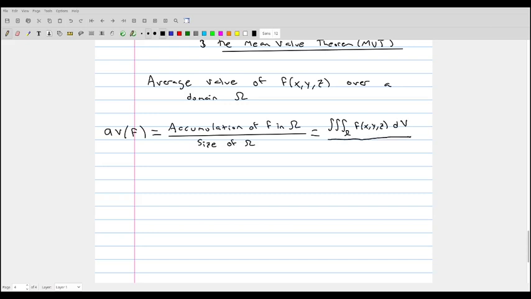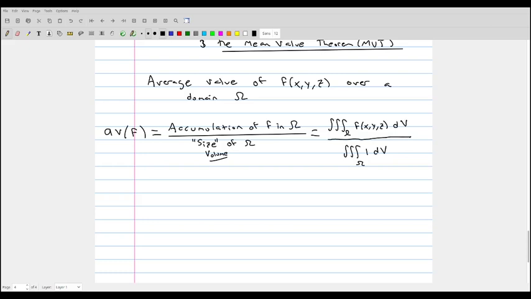And this triple integral has to be divided by the size of the region omega, which ends up being, I'll put size in quotation marks here, if this is a region in 3D, which it is, the size is the volume of the region omega. So it's going to be the triple integral over omega of the function 1 dv, as we just talked about and just justified.